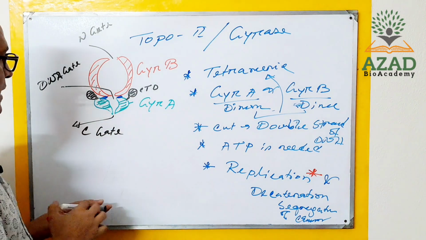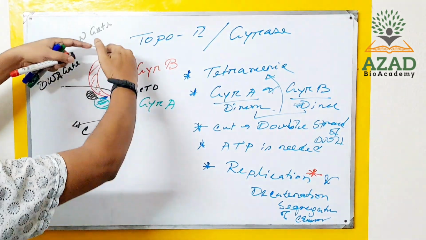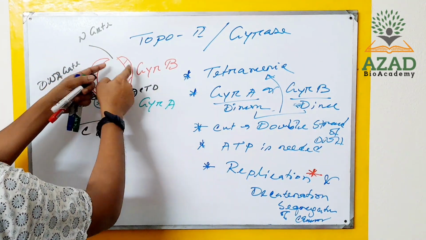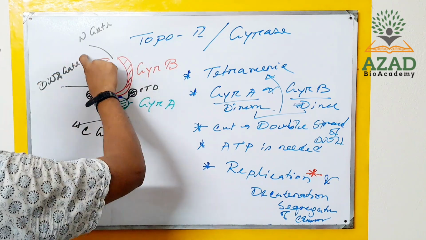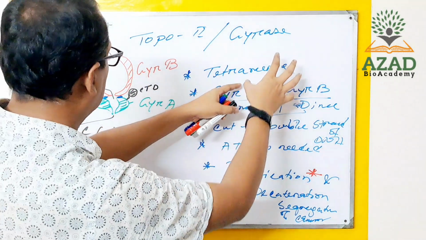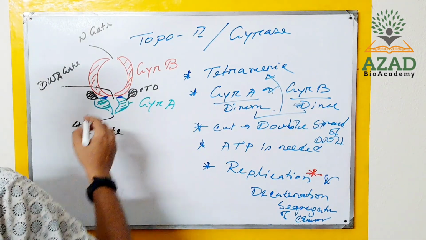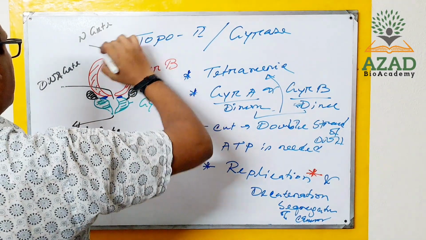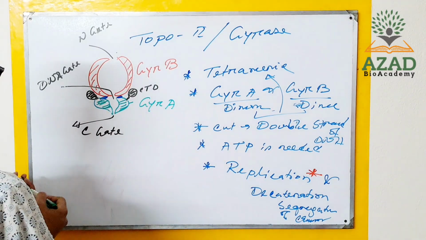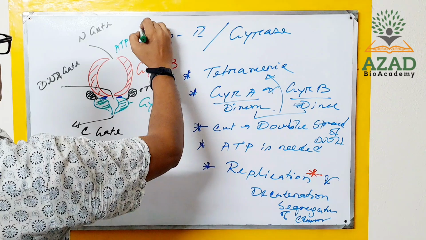Okay, so now what will happen? This gyrase B part, the upper subunit, the dimer and dimer, that means monomer and monomer is a dimer, and that dimer, so the total is a tetramer. And this gyrase B part has ATPase activity.